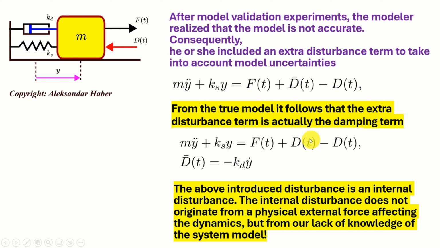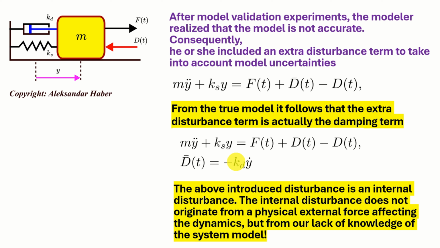That is, this disturbance over here, d bar, is the internal input disturbance. The internal input disturbance, that is this term d bar, does not originate from a physical external force affecting the dynamics, but it originates from our lack of knowledge of the system model. And this is the main idea of introducing internal disturbances.